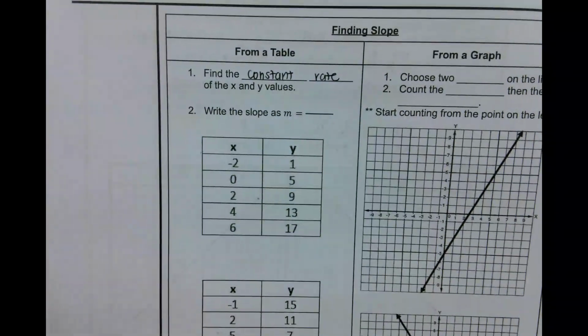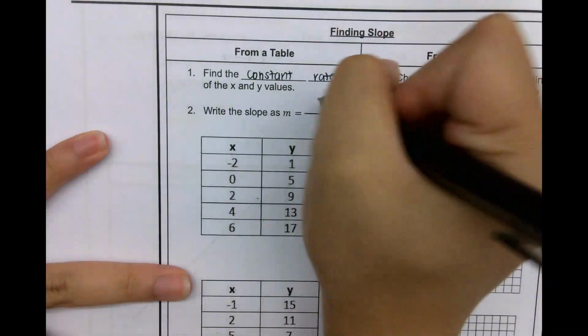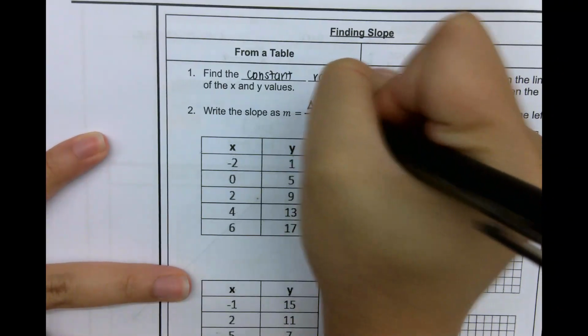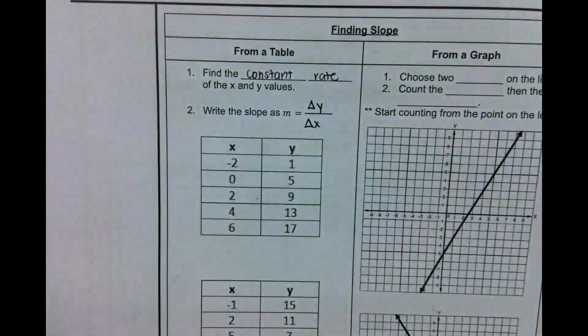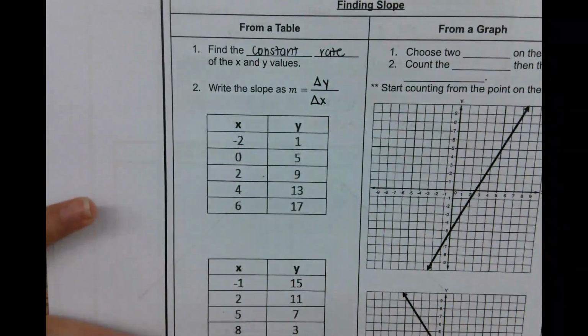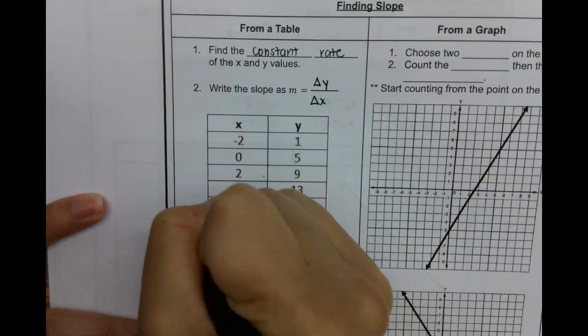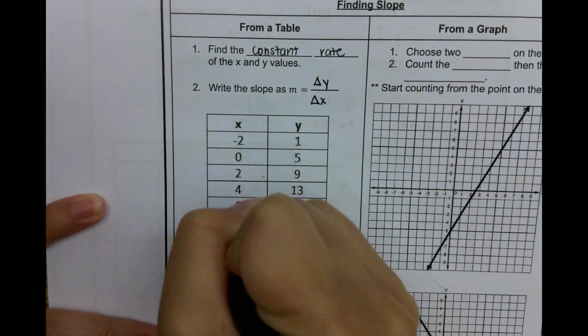Another way to think about it is our slope, again, is our change in y over our change in x. So let's get started with this first table. Again, slope is my change in y over my change in x.